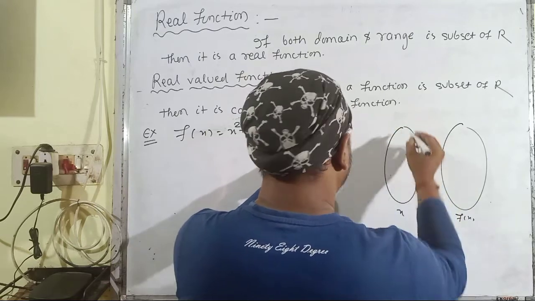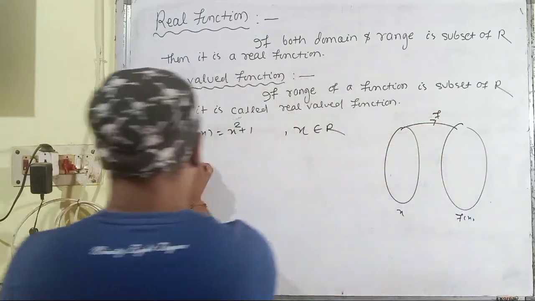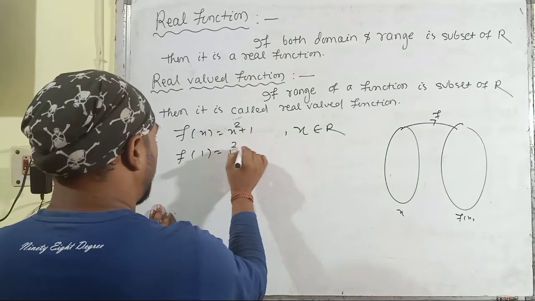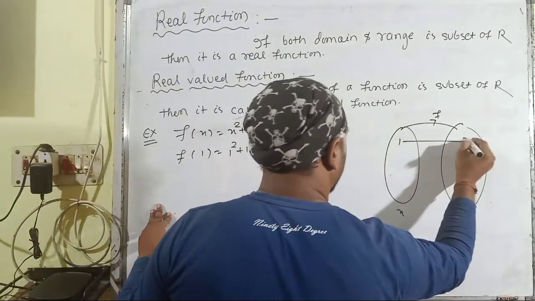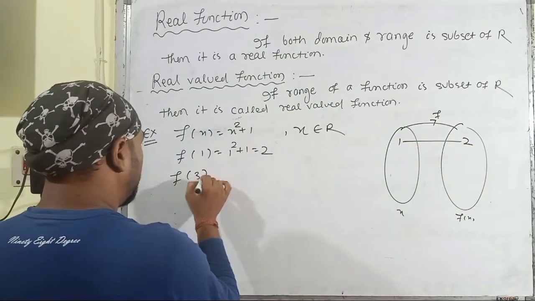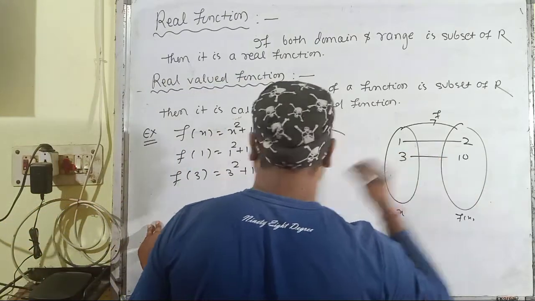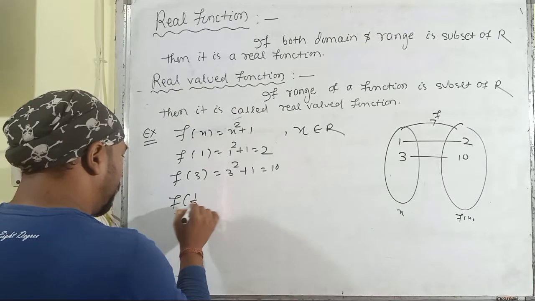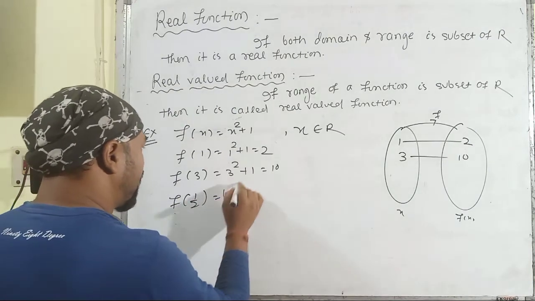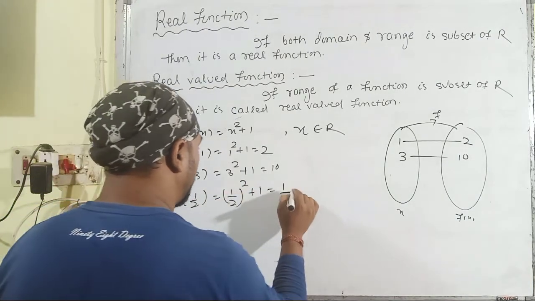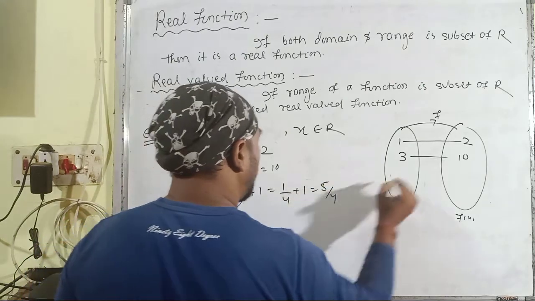Let us put f of 1, then it is 1 square plus 1, that means it is 2. Let us put 3, then it is 3 square plus 1, that means it is 10. Let us put a fractional number 1 by 2, then it is whole square of 1 by 2 plus 1, that means it is 1 by 4 plus 1, it is 5 by 4.